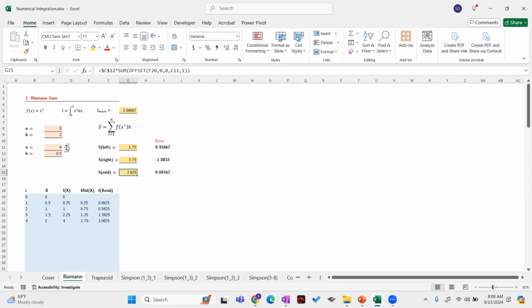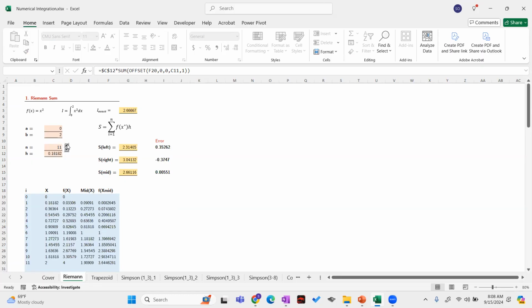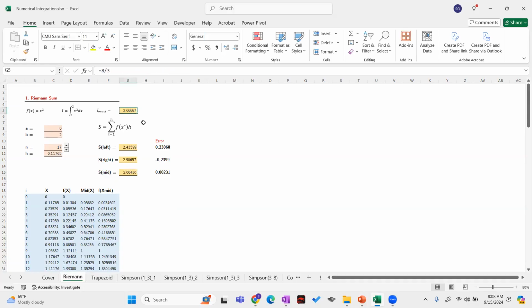So let's see that. If I increase another step, I'm getting closer and closer to the true value. You can already see the middle sum is doing a great approximation to the actual value. These guys are still trying to converge.